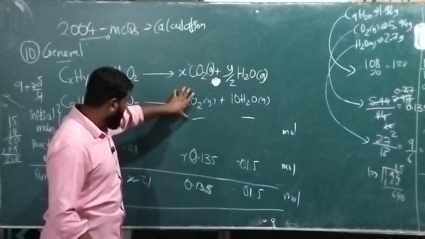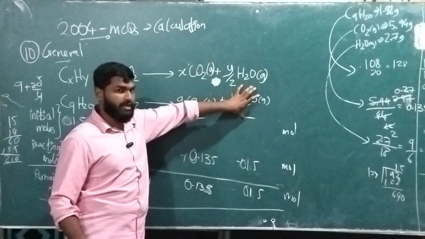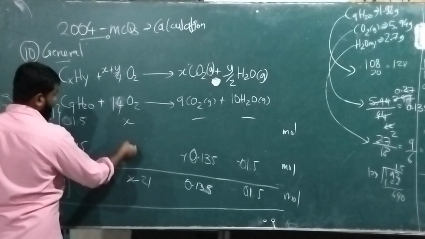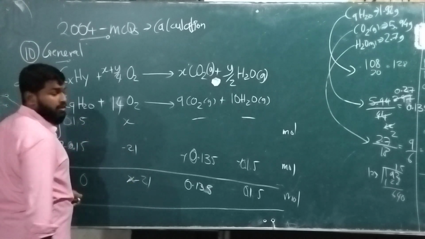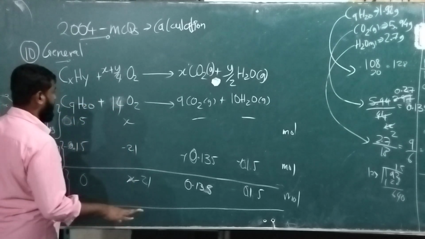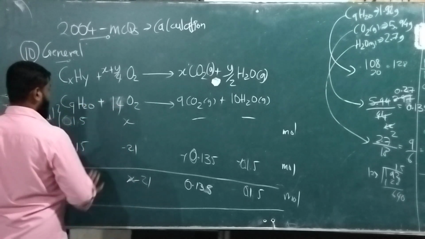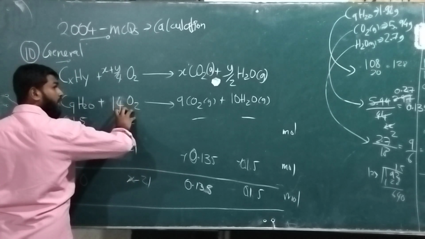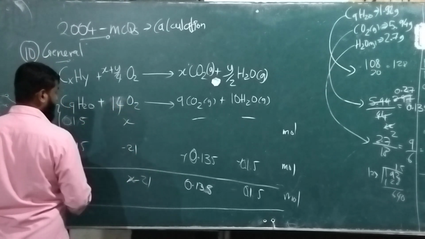But they said only carbon dioxide and water vapor were formed here. So obviously, you know that the oxygen is completely used up here, right? So what was reacted here should be there as the initial moles. So that is the main thing here.